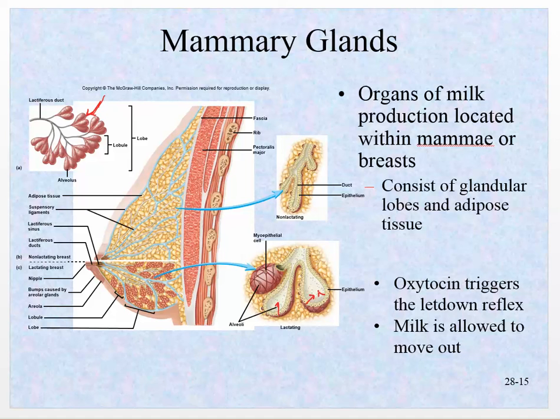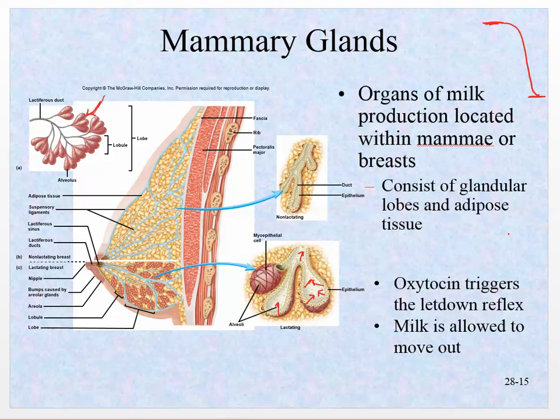Okay, so they put the milk in these little chambers, and then those chambers are either allowed to express the milk or they aren't. Now, during pregnancy, it's not allowed to be expressed because of the high levels of estrogen. Okay, but then after birth, when the estrogen levels drop, all of a sudden that is released. Okay, and so the prolactin can be activated, and then the breasts will start to produce and express milk.